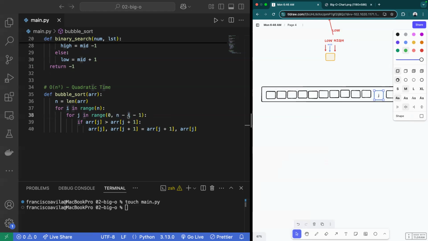So 12 minus 0 still gives me 12, minus 1 gives me 11, meaning that what I'm iterating through will be from here to here.